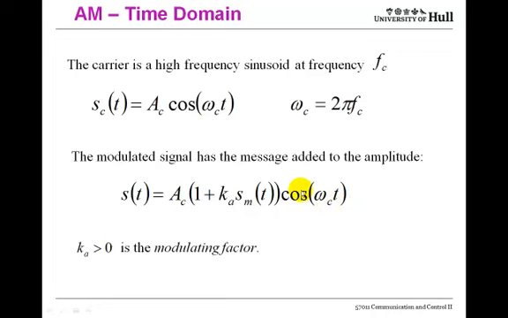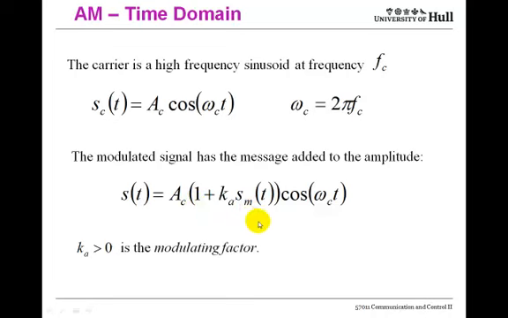The second equation is our equation for an amplitude modulated signal. There are two parts: the amplitude and the cos of our carrier frequency is the carrier part of the modulated signal. The part in these brackets here is the message or information part of our signal.